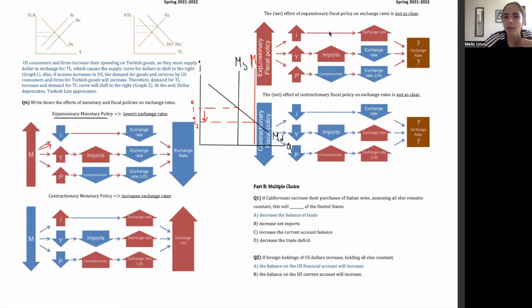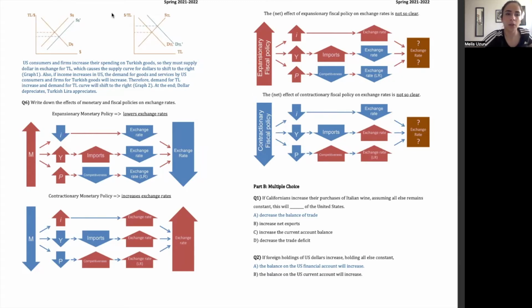Let me clear this up. Okay, so if the interest rate decreases, it means that investing in Turkey is not attractive for foreign people, and investing in foreign countries is more attractive.